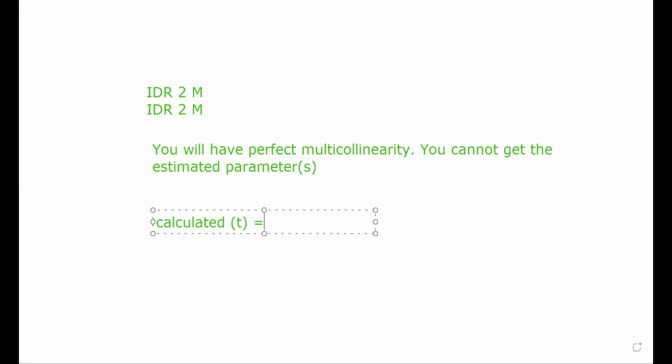The calculated T is the parameter over its standard error.